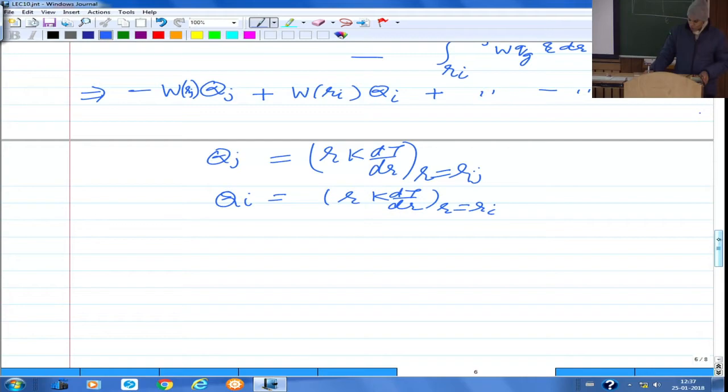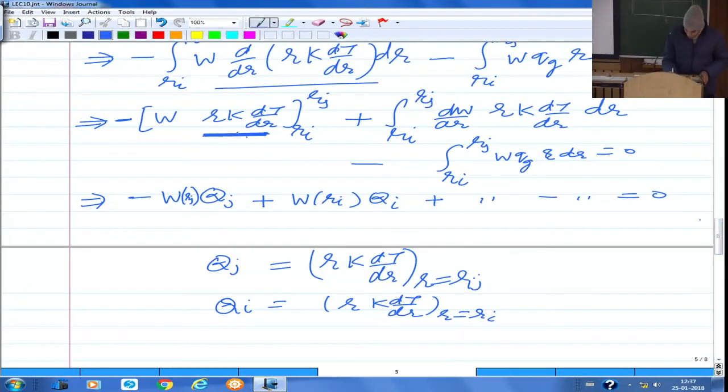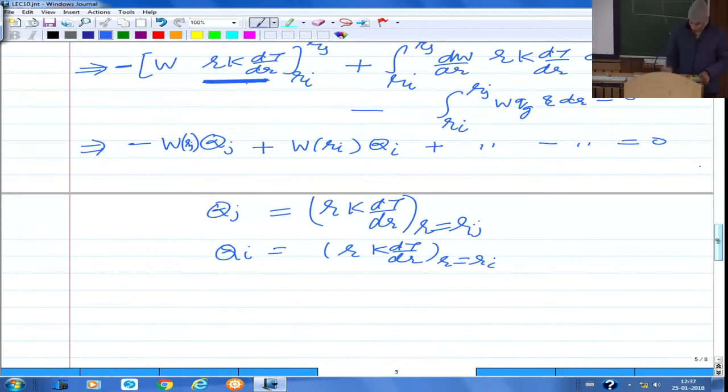That's the notation I am using here for this secondary variable, denoting it by Q, and its value at the ith node, that is at Ri, is Qi, and at Rj it is Qj. Now, as I said, let w be delta T, that is the variation in T, the way we did earlier.